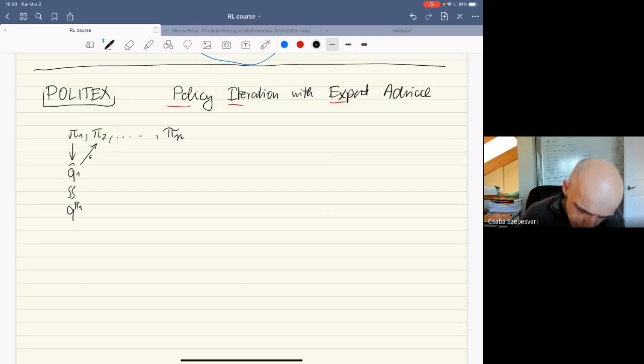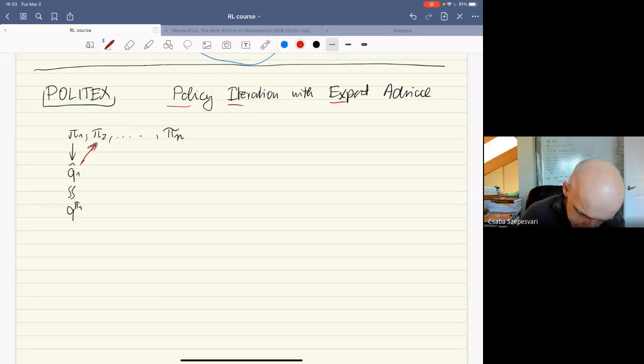We are softening this up. But it's not just with respect to the last action value function, it's going to be with respect to the sum of the action value functions that we have seen. So this operation is going to be an interesting one. Okay, let's just color it differently.